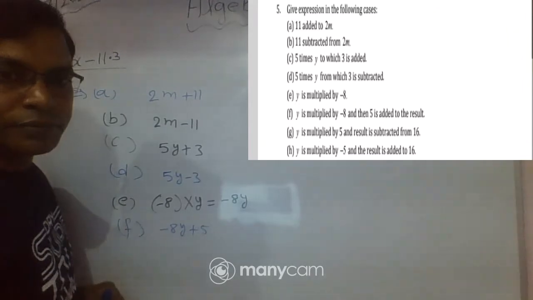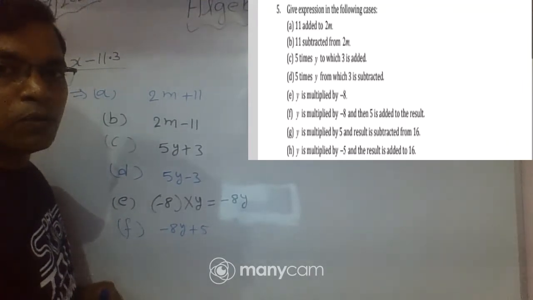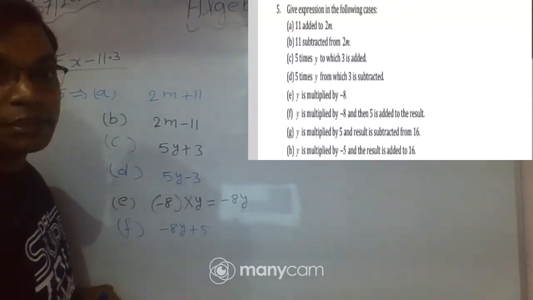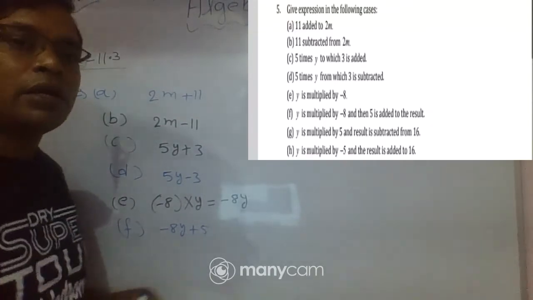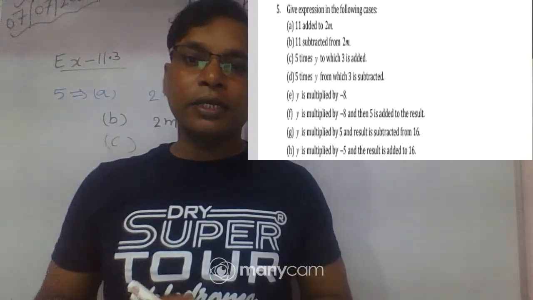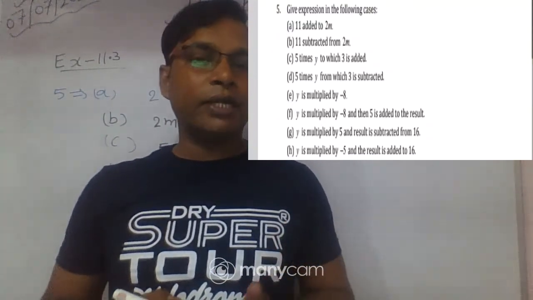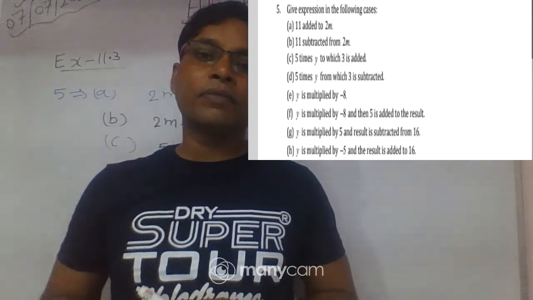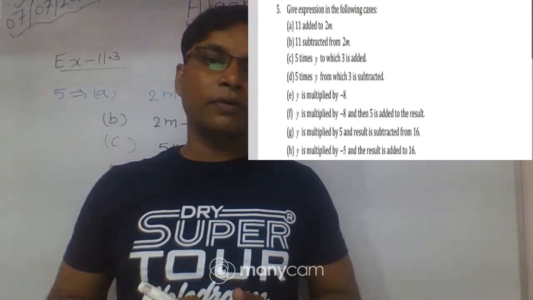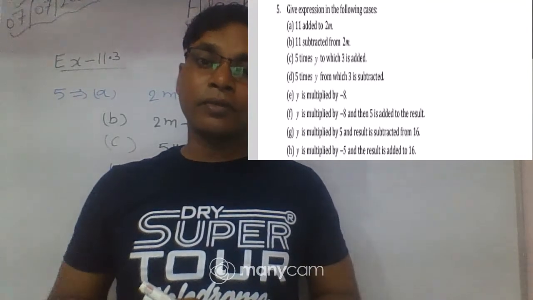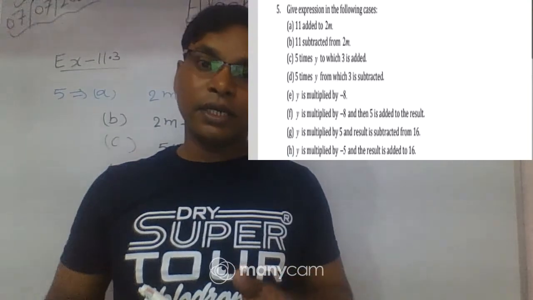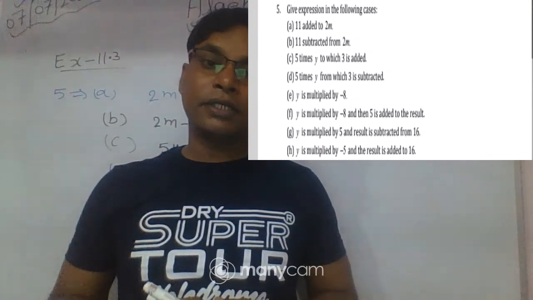Now G part. Y is multiplied by 5 and the result is subtracted from 16. Y is multiplied by 5, so it becomes 5y. And the result, what is the result? 5y is the result. Then this result, 5y, is subtracted from 16.